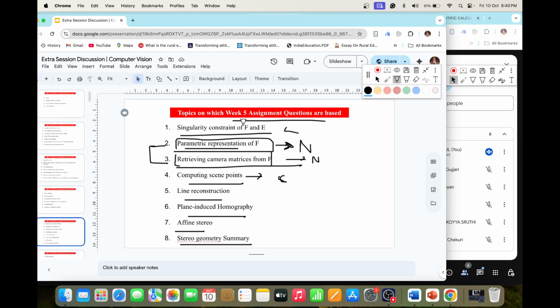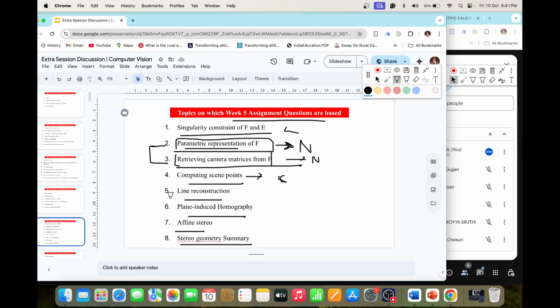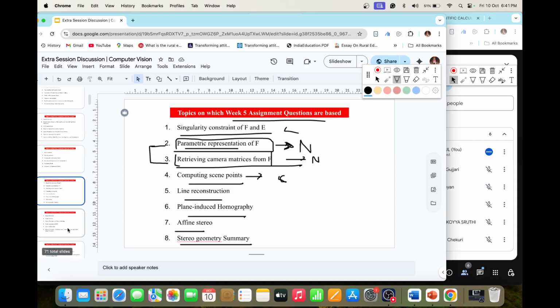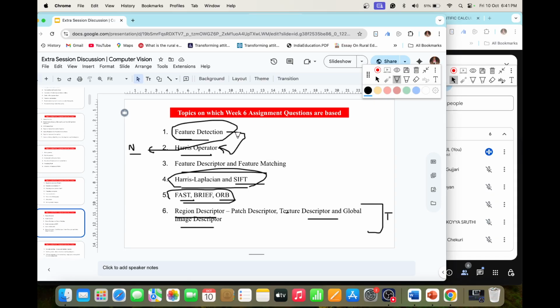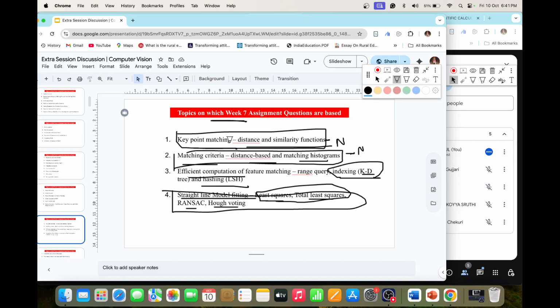Week 5 is the continuation of week 4, a slightly advanced concept of week 4. Then week 6, you have three techniques called feature detection, feature descriptor, and feature matching.